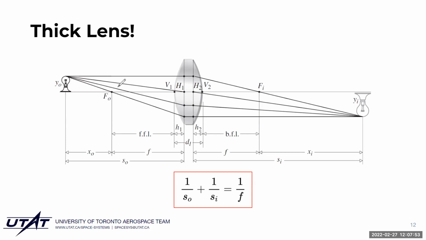Okay, here, if we were to put our object here, let's say it's a flower, within the focal length, what would actually happen is you would have light going like this, and then instead of converging, it would actually go out and diverge, like it would go like this.